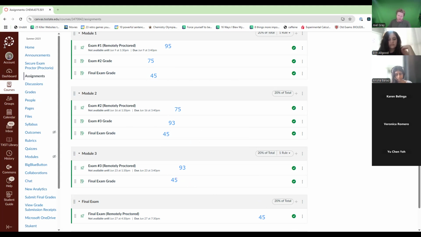In this case, I'm not going to circle all the numbers again. Approximately what is the weight of this person's final exam? Perfect. 20%. Did their final exam performance hurt their grade? It did. Did it bring down any of their previous exams? It did not.